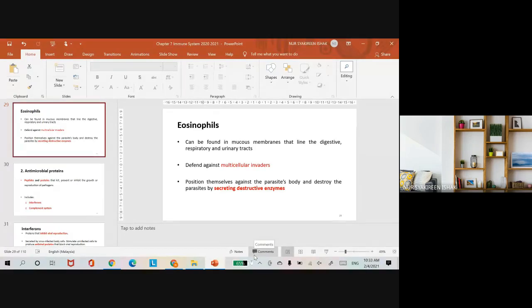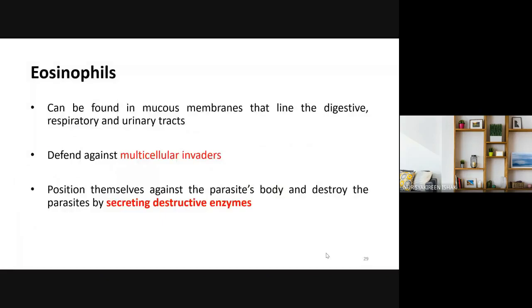Okay, so continue again on the eosinophil. Eosinophil can be found in mucous membranes that line the digestive, respiratory, and also urinary tracts. It defends against multicellular invaders.